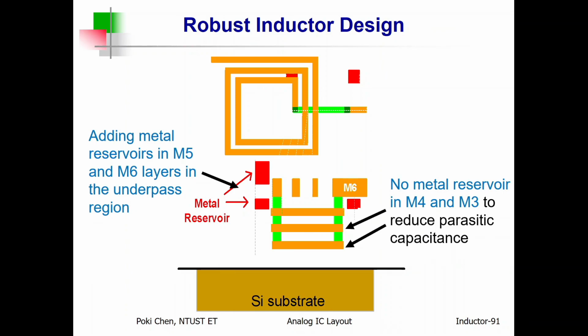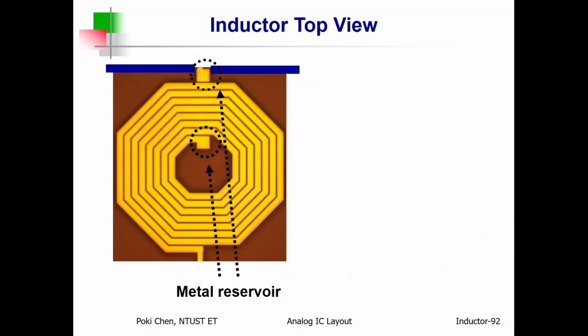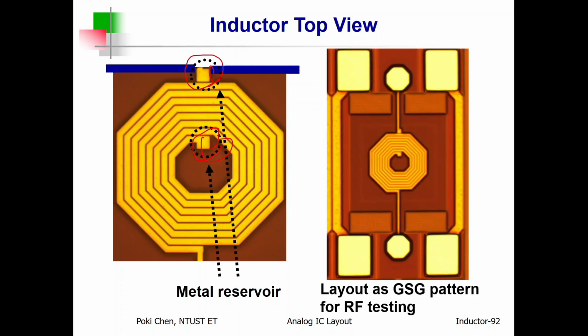Yeah, they have extra reservoir, to make the lifespan much longer than before. That's it. Okay, and this is the microphoto. Yeah, again, it happens for such kind of underpass, right? So you only need to have such kind of reservoir to both ends of the underpass. Good enough. Okay. Yeah, anyway, that is some kind of zoom in view. That is the whole view.